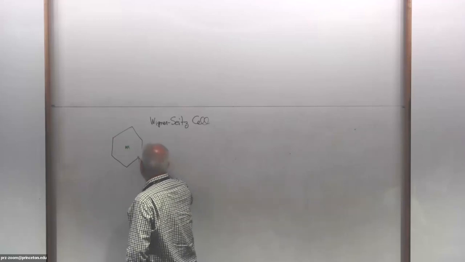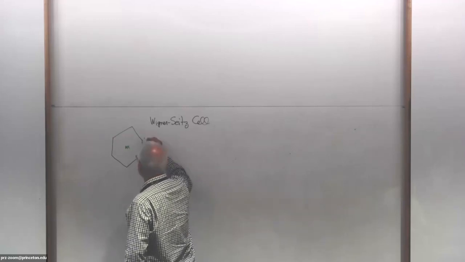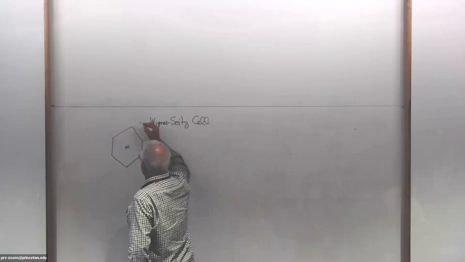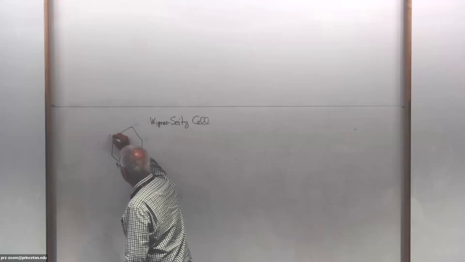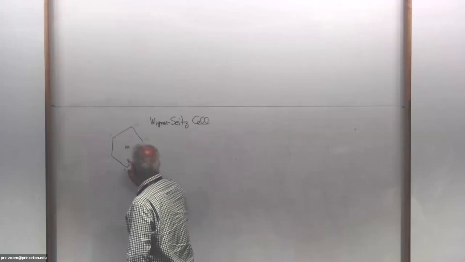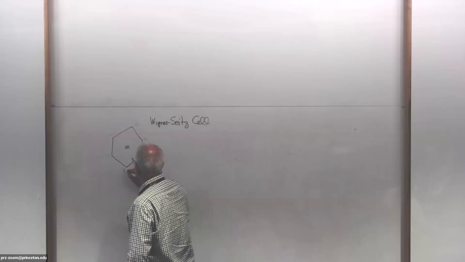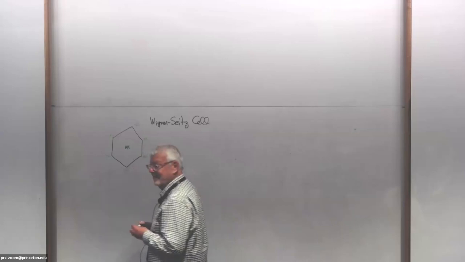If I do that, then it turns out MX and XM stacking alternate at the corners of this Wigner-Seitz cell.